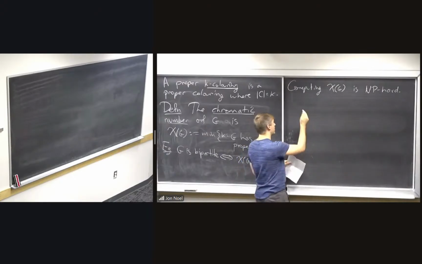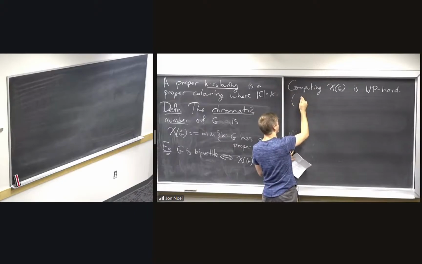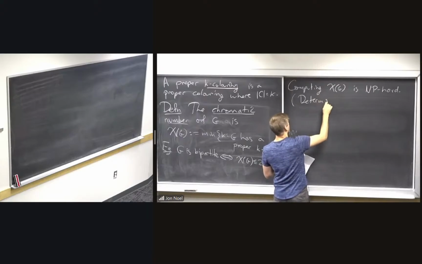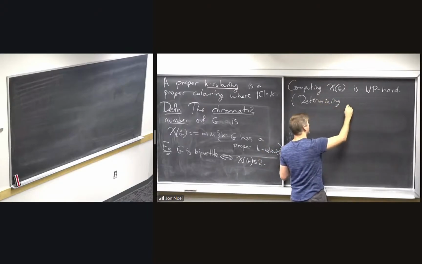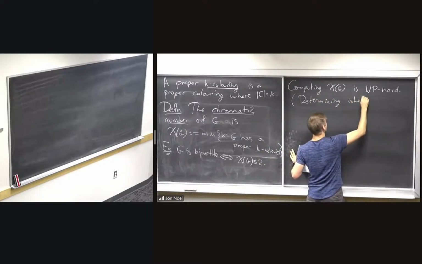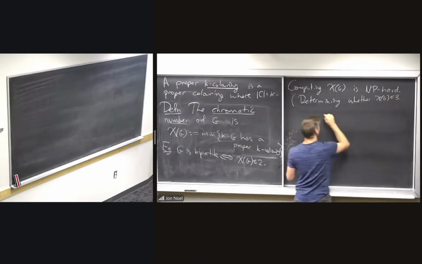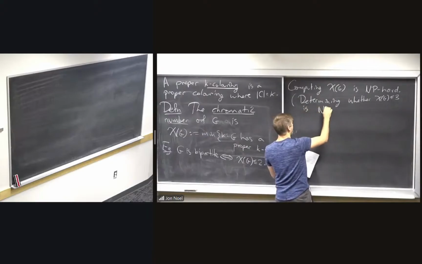Because we've already talked about the fact that the three colorability problem, so determining whether the chromatic number is at most 3, is NP complete.